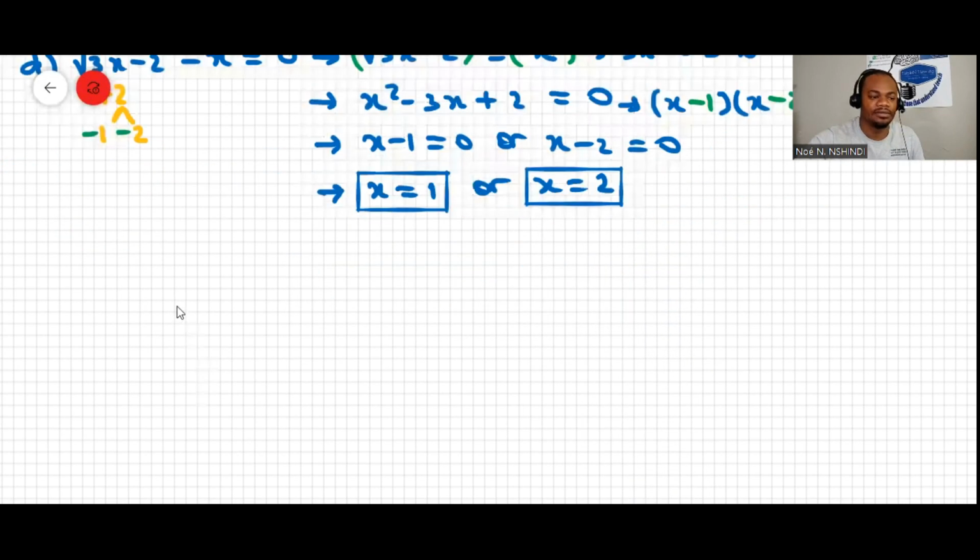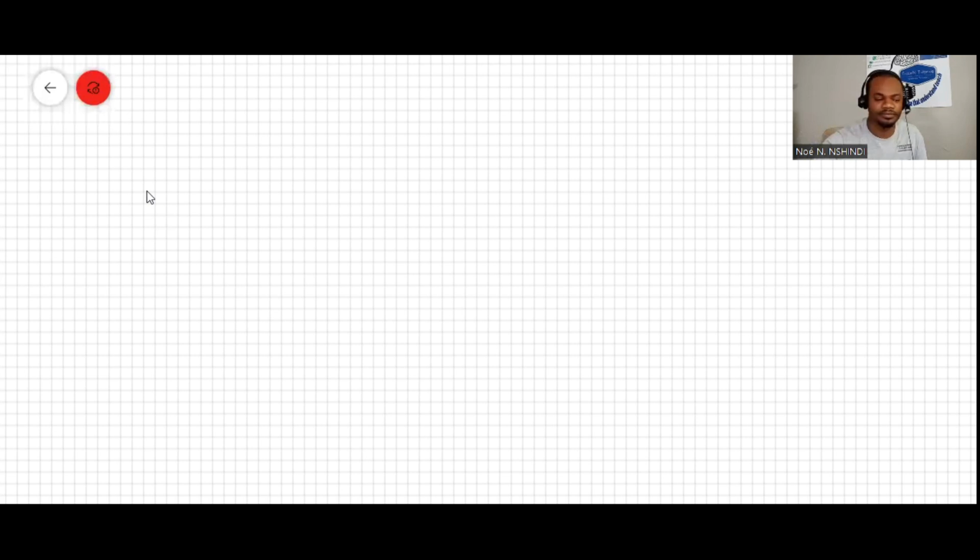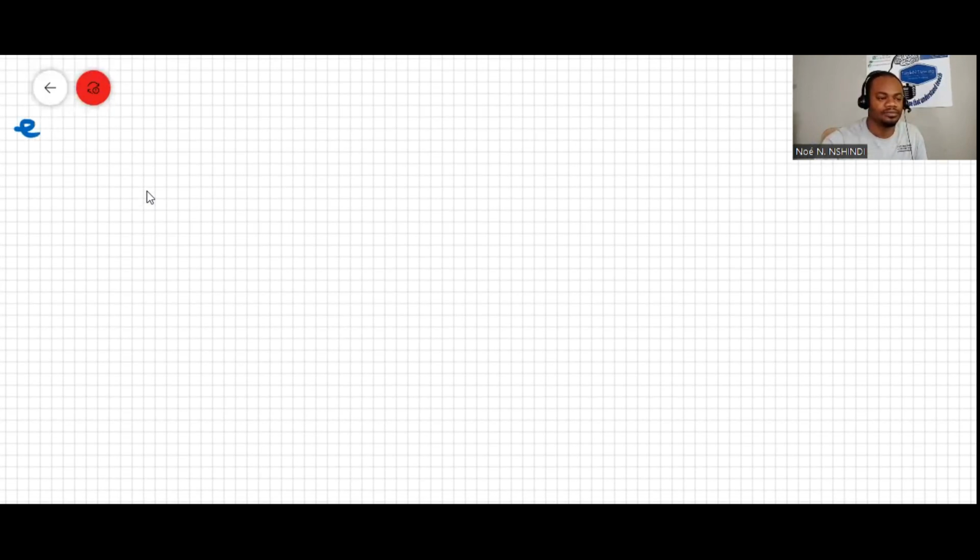Now E is x plus square root of negative 4x minus 3 equal to 0.